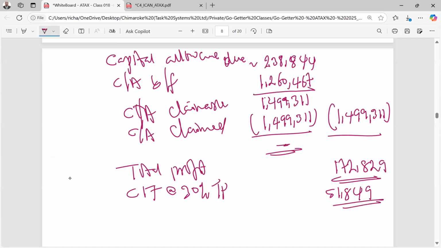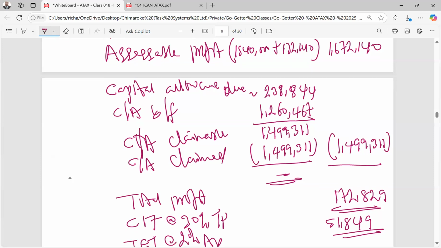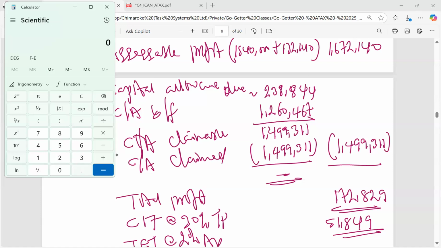And your tertiary education tax at 2% of assessable profits. So 0.02 multiplied by 1,672,140. 33,443.